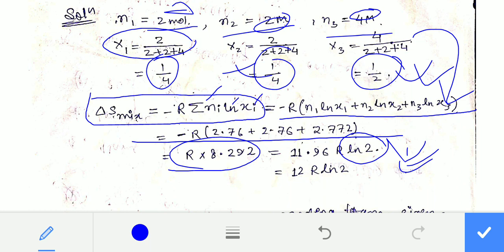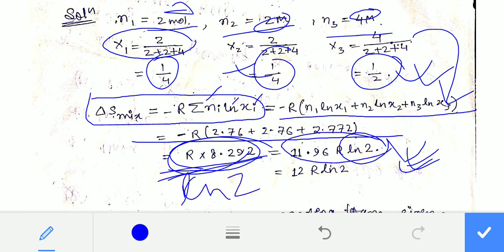But if you go through the options, ln2 is present in each of the options, right? So we can divide this term by ln2. We can divide this by ln2, then we will get 11.96 R ln2, right? Which is approximately equal to 12 R ln2, right?